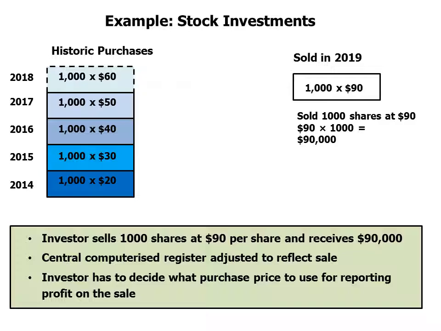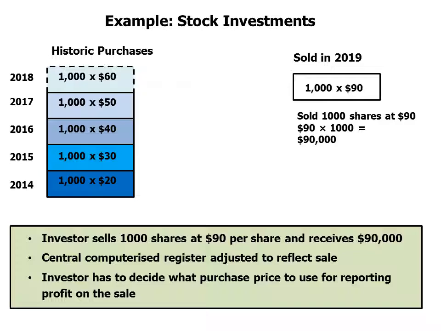Now, the investor has clearly made a profit, but the investor has to decide what purchase price to use for reporting profit on the sale. There's no way to tell whether the investor is selling shares that were bought in 2014 at the cost of $20 or those bought in 2018 at the cost of $60.